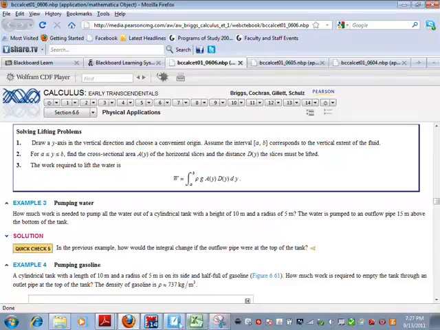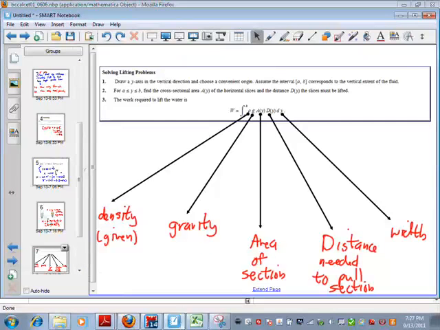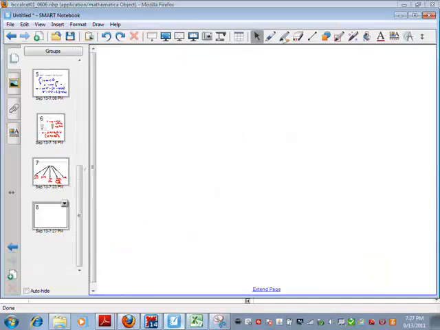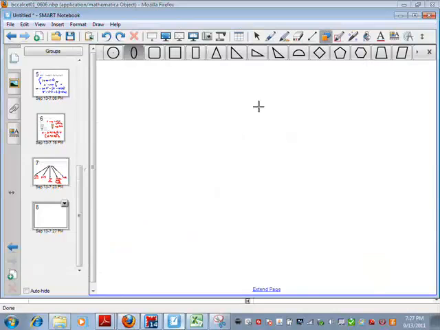Almost. That's almost right. So let's look at the picture here. So we got something like this. Okay, so we got some cylinder, something like this.